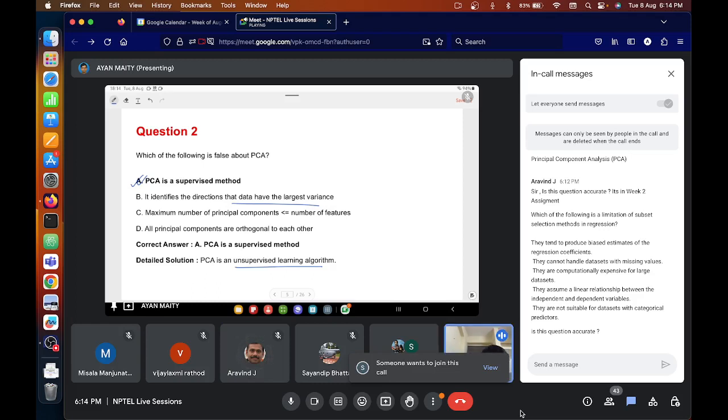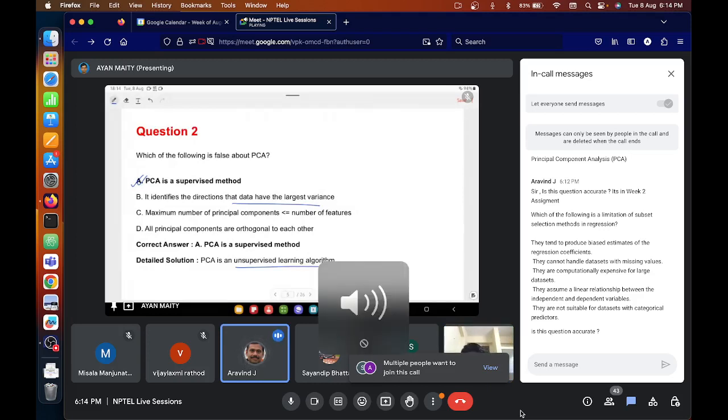Yes, these questions have not been set by us, so we will not be able to answer this. These assignments have been set by the instructor and the regular TAs for the course. We don't know how to check with them whether this question itself is wrong. If the question is wrong, in that case they would remove the marks for this question, so the question would not carry any marks.